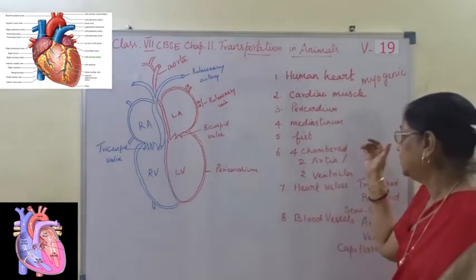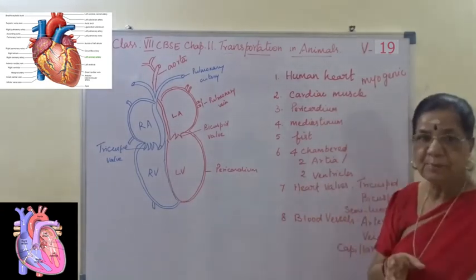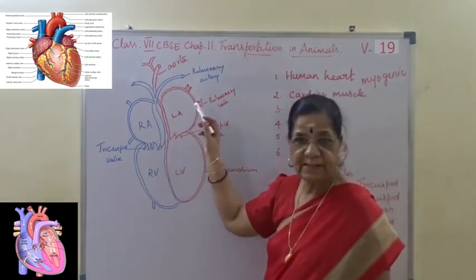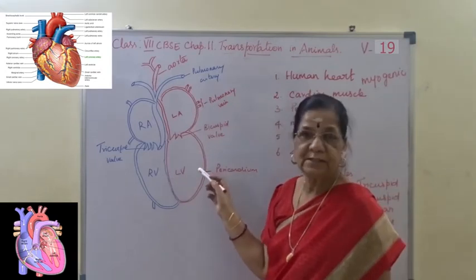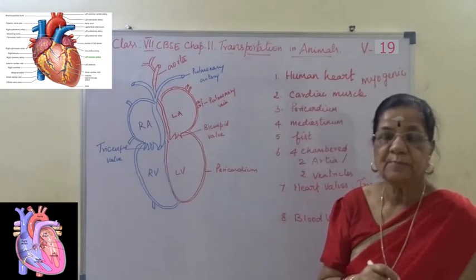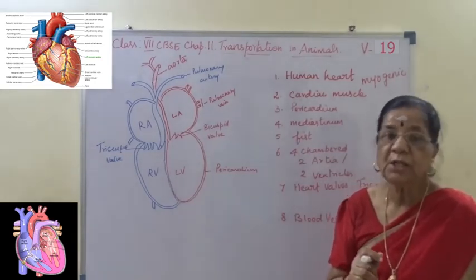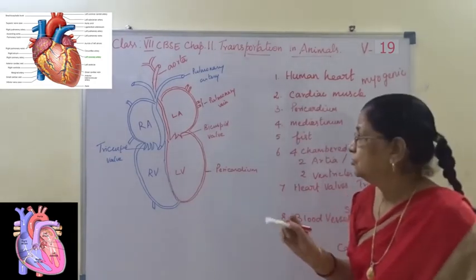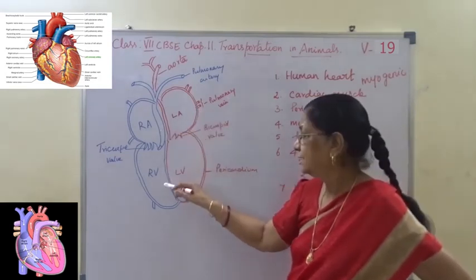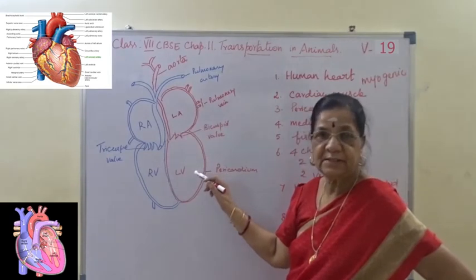Now the heart is four-chambered, as two atria, right and left, and two ventricles. Atrium is singular, atria is plural. Atrium is also called auricle. So here we have right atrium and left atrium, right ventricle and left ventricle.